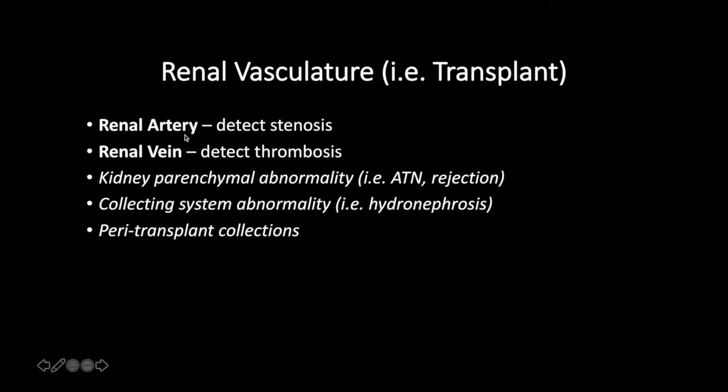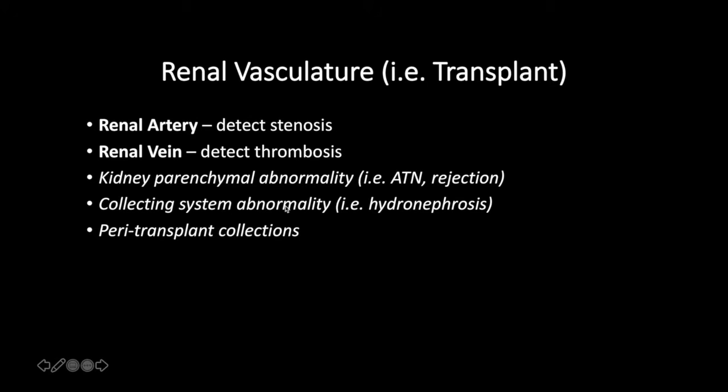So in the renal artery in a transplant, most commonly we're going to try to detect renal artery stenosis. In the renal vein, we're going to try to detect any renal vein thrombosis. When we're looking at the kidney parenchyma itself, we're looking for abnormalities that suggest things like ATN and rejection, and we'll talk about that in a bit.